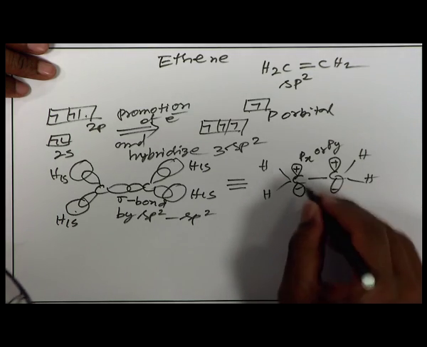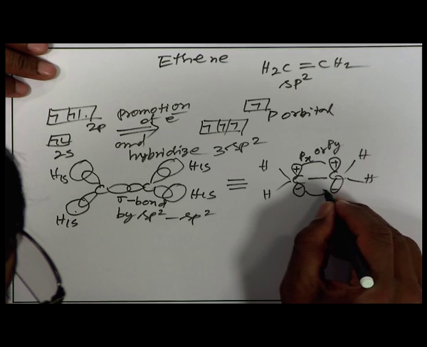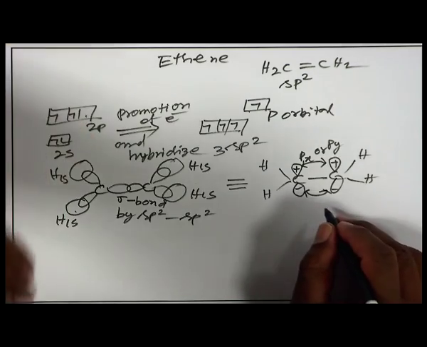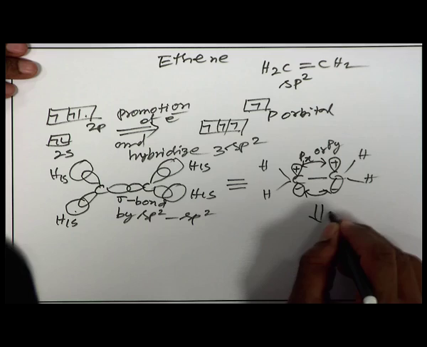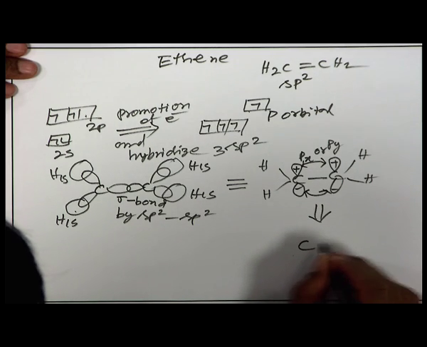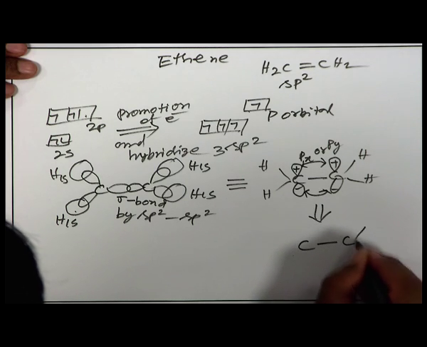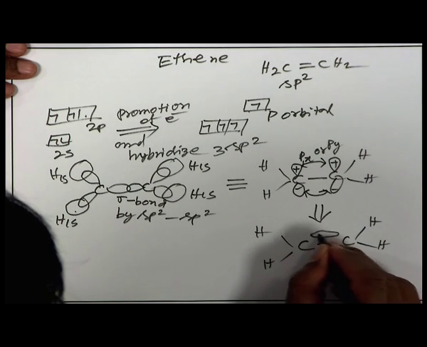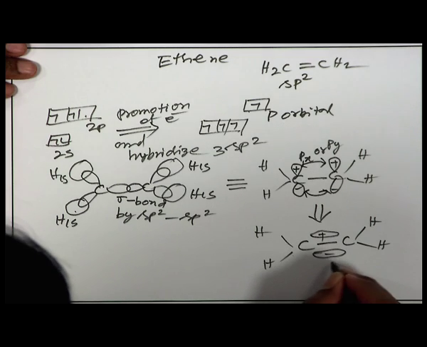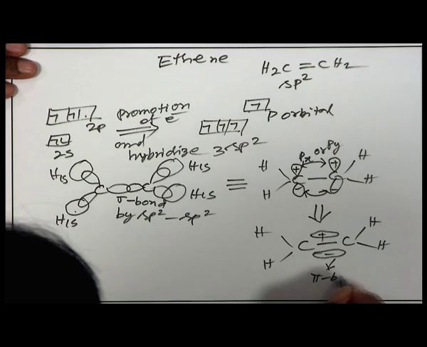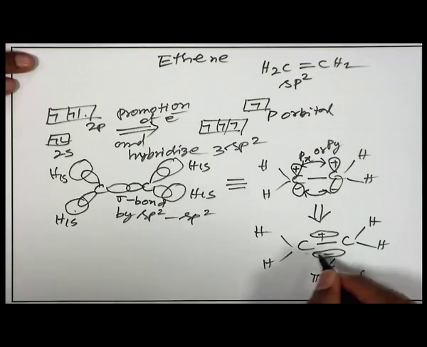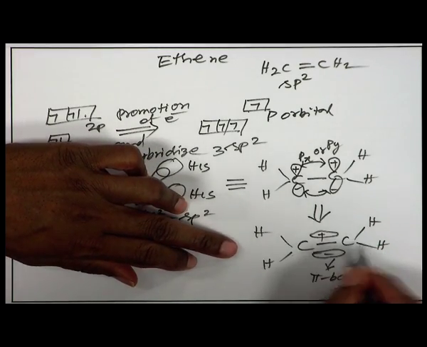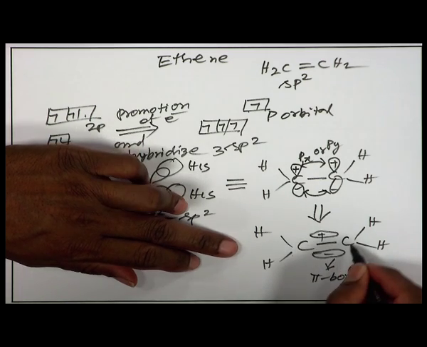So they can interact, and then there is pi bond formation. This is the pi bond. That pi bond is above the plane formed by the sigma bonded CH2 groups.